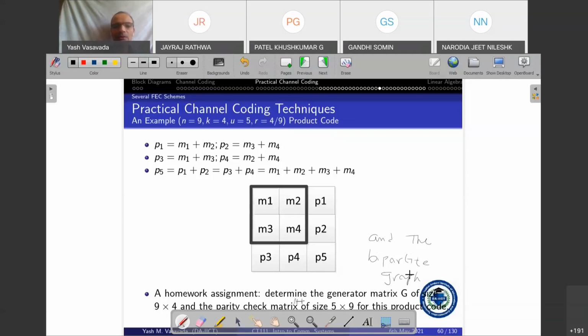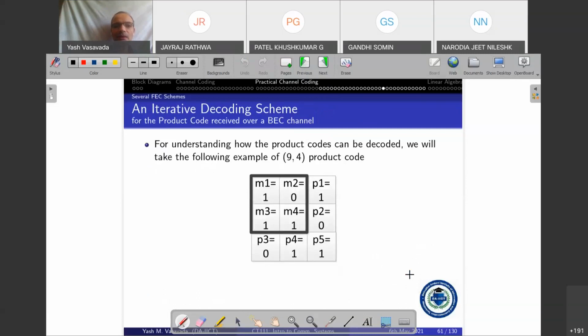But now let us see quite an interesting scheme that we can use to decode this product code. We have studied how to decode a repetition code. We also saw how to decode an SPC code. Decoding of an SPC code is super simple.